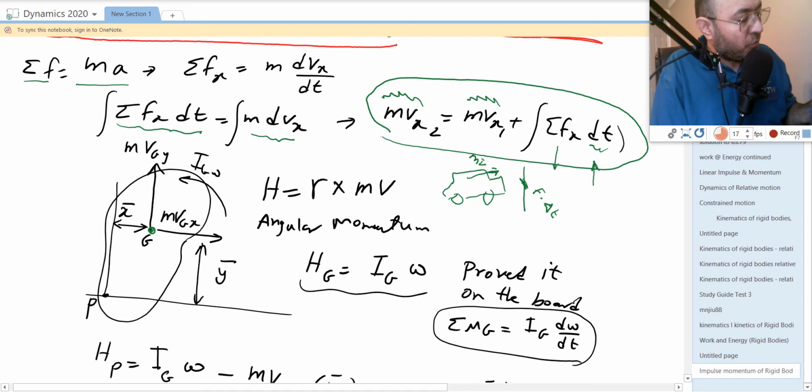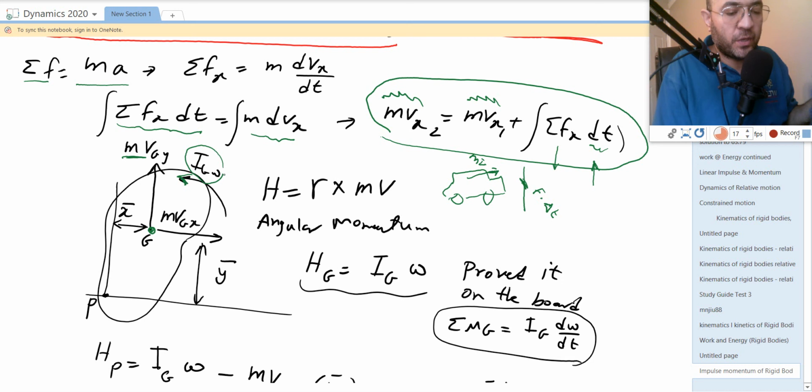The linear momenta are mvx and mvy, and we put them at the center point G. Then we have the rotational part, which is Ig omega. That's a type of angular momentum, not a linear momentum; it's due to rotation.